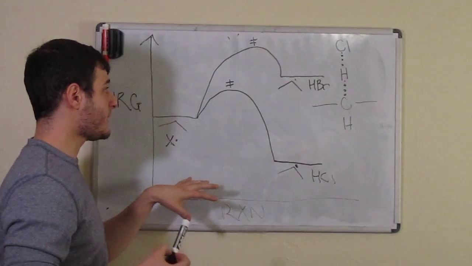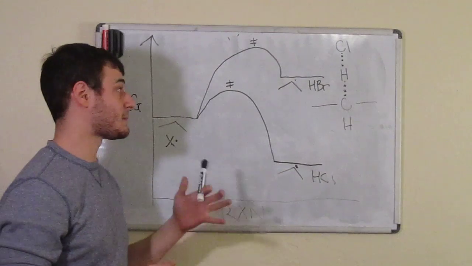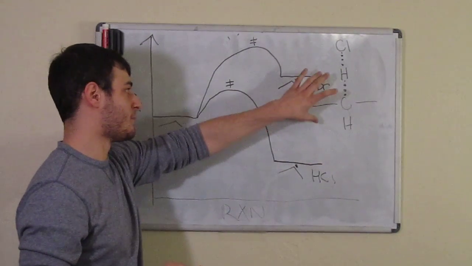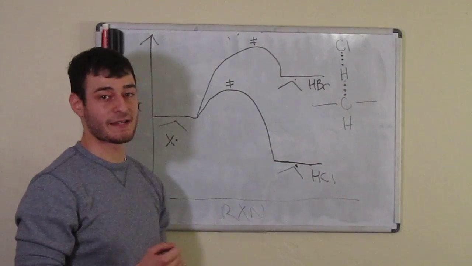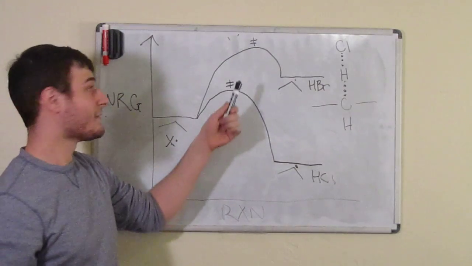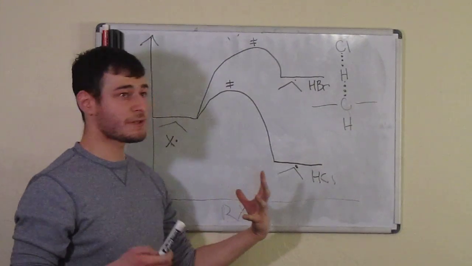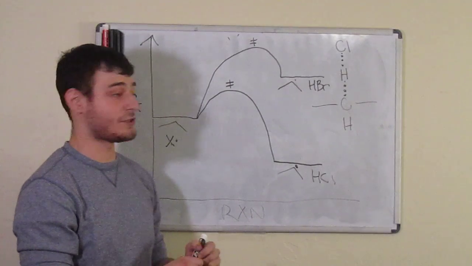So what we need to think about now is Hammond's postulate, and that's going to help us explain the different selectivities for the bromination and the chlorination in a free radical mechanism. So the Hammond postulate states basically that your transition state is more structurally related to the species that it is closer in energy to.